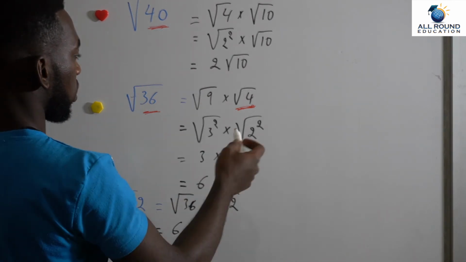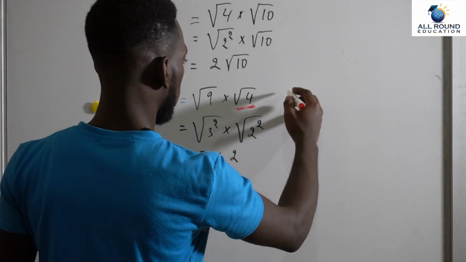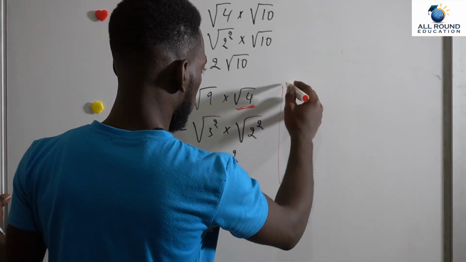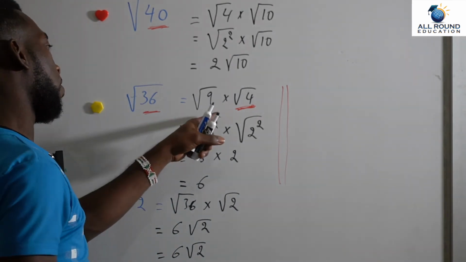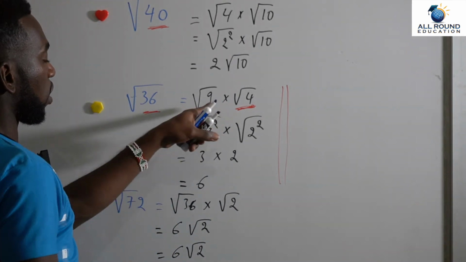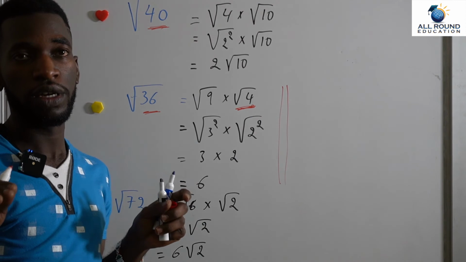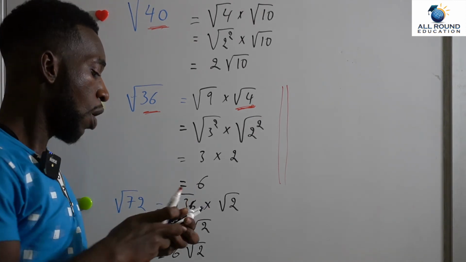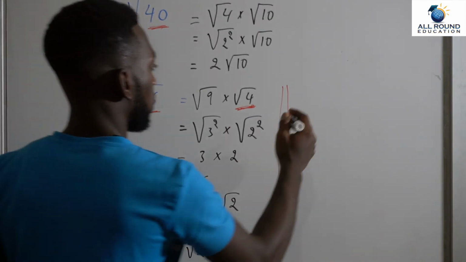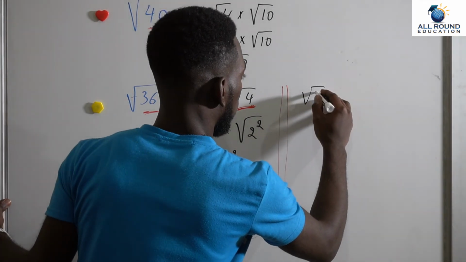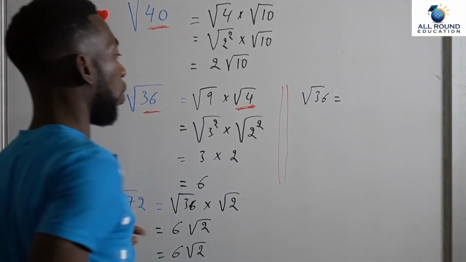However, let me emphasize one thing here for this particular one, for 36. Sometimes you might not even need to do all of this, because here I had to break down and apply the rules to simplify. What if I kept 36 as it was, and then find another way to evaluate this?